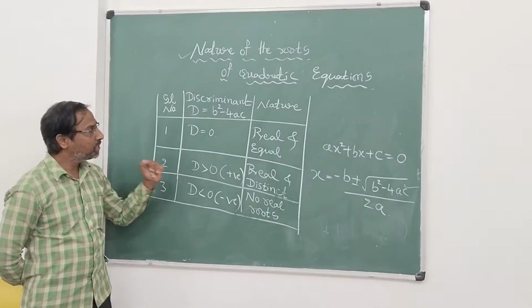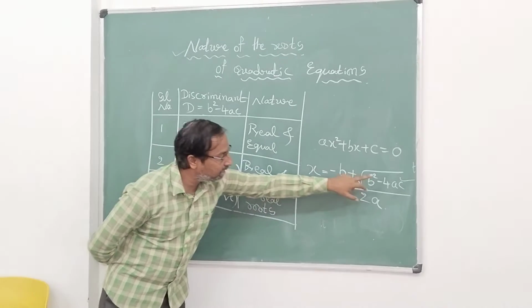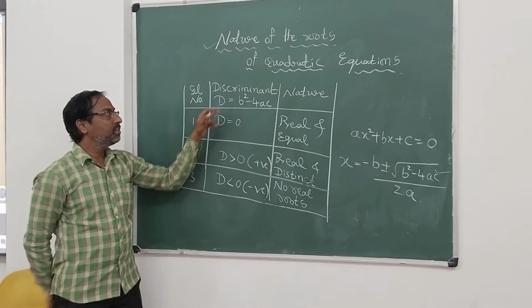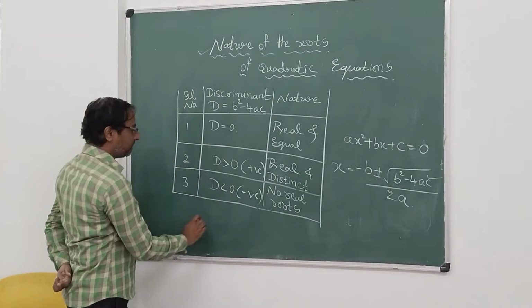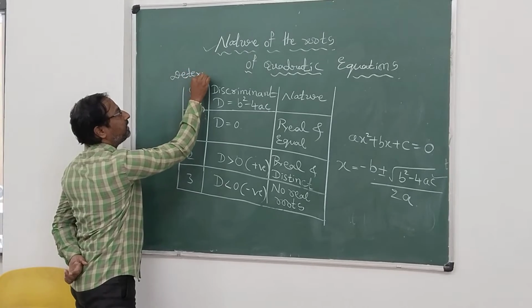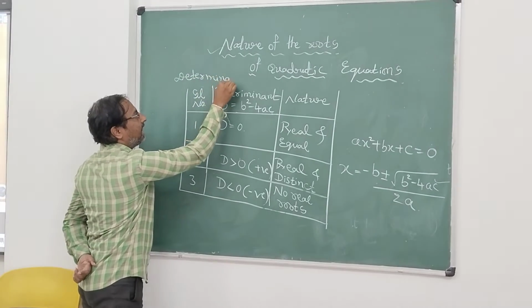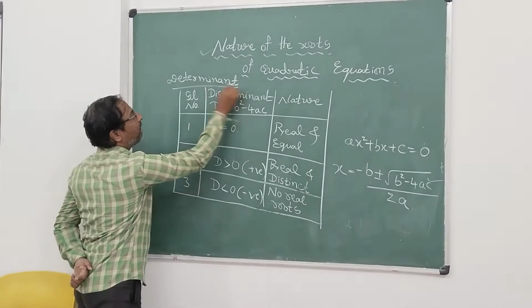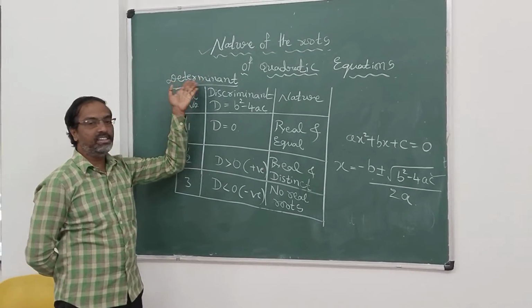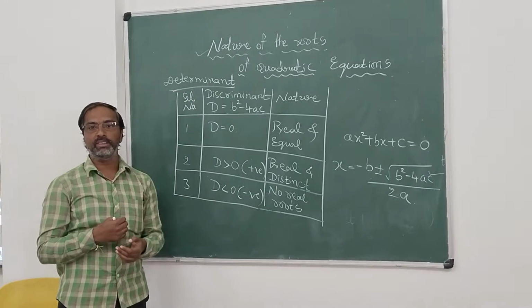Let's see here. We call b square minus 4ac a discriminant. Another name for discriminant is determinant. If you go by the literal meaning of the word, it means determining something.